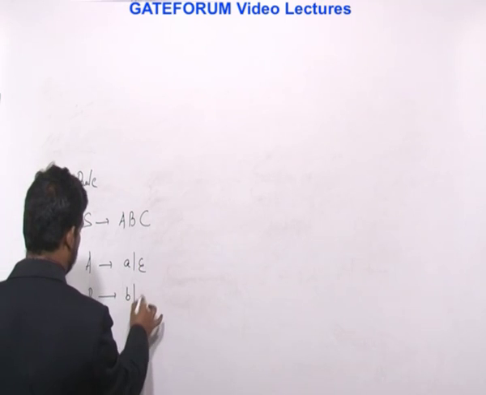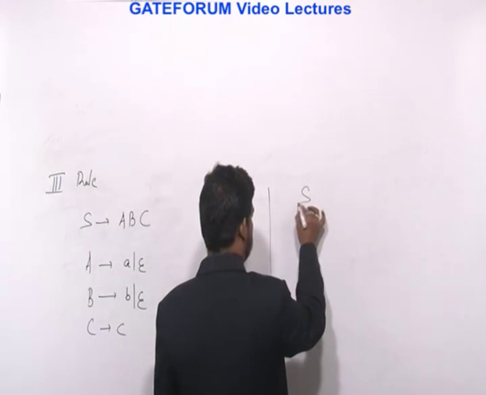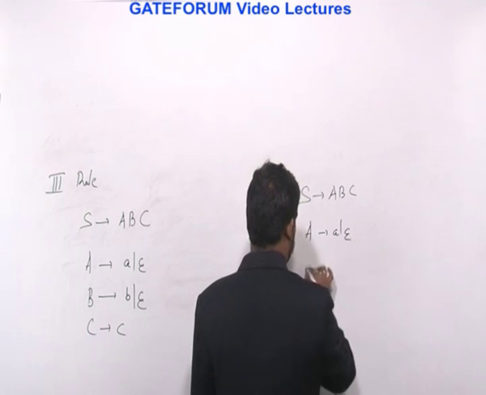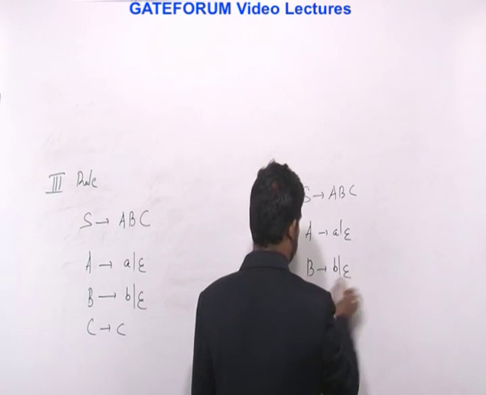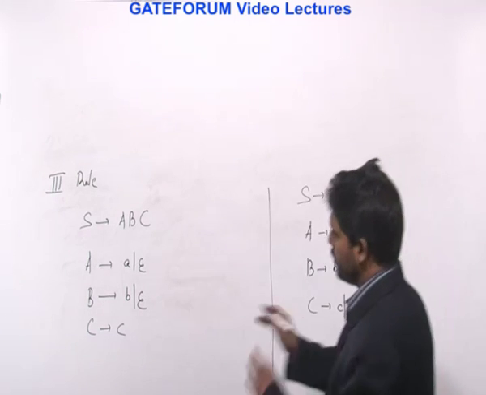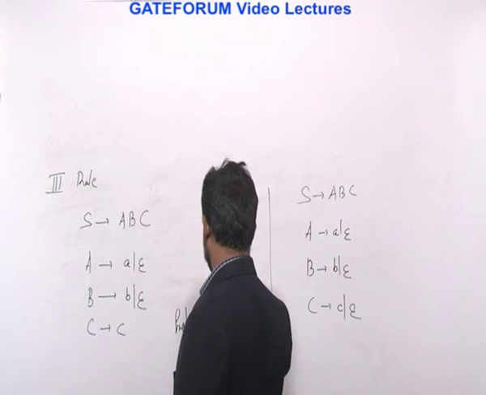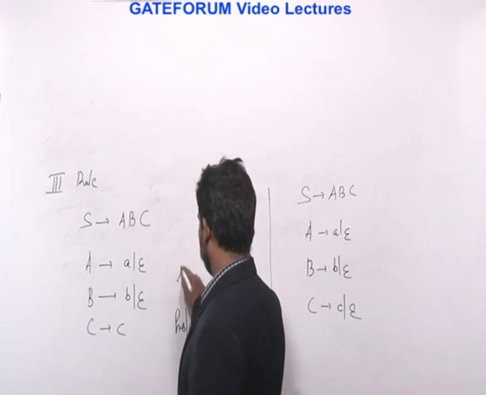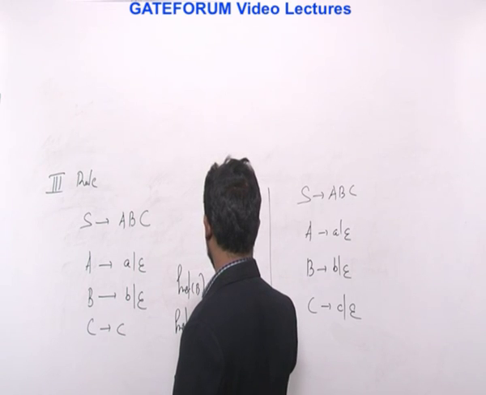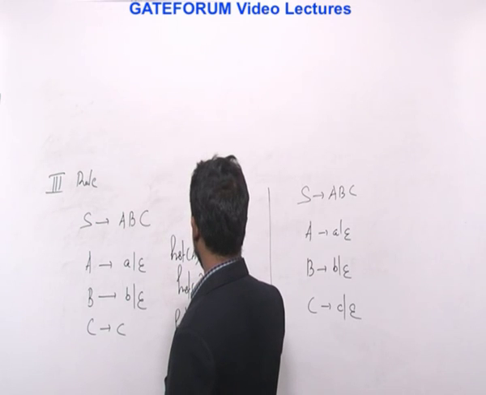B derives b or epsilon, and C derives small c. Okay, this is one rule, and this is the same example: A derives small a or epsilon, B derives small b or epsilon, and C derives small c or epsilon. Now I already told you this trivial rule, so you can directly write first of C is equal to small c, first of B is equal to b and epsilon both, because both the productions are there. First of A is equal to a and epsilon both.